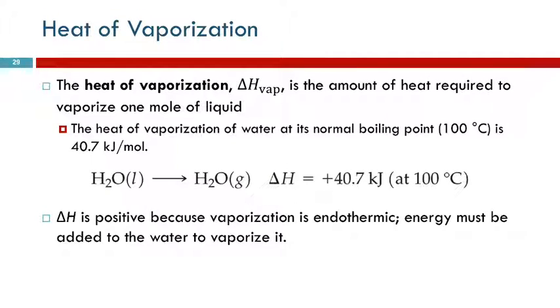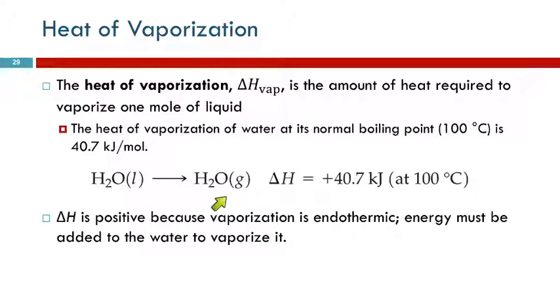Okay, heat of vaporization. Of course, if there's heat being transferred, we're going to want to quantify that. We're going to measure it. So we've seen delta H before. We talked about heat of reaction. The heat of vaporization is the amount of heat needed to vaporize 1 mole of liquid. So if we look at this very simple chemical equation here, we've got water in a liquid state going to water in the gas state.